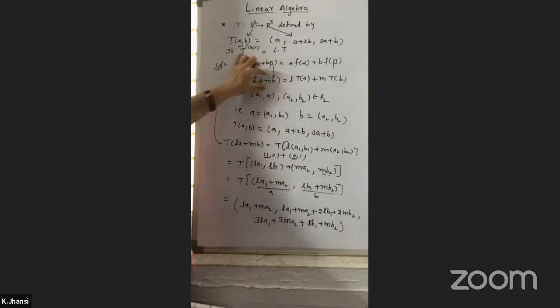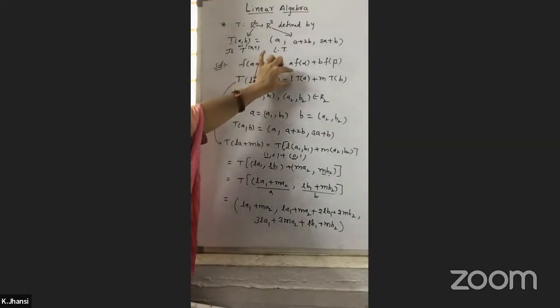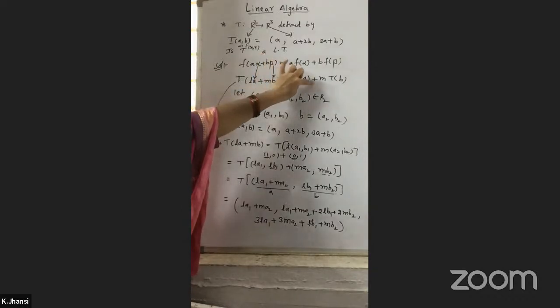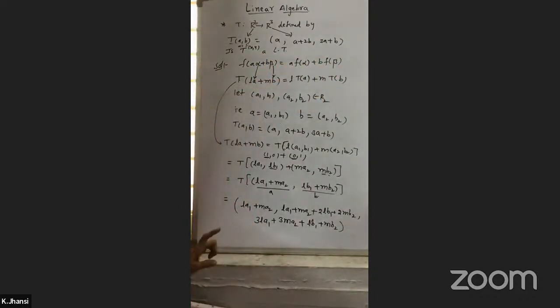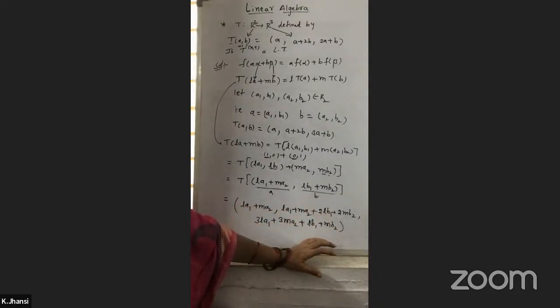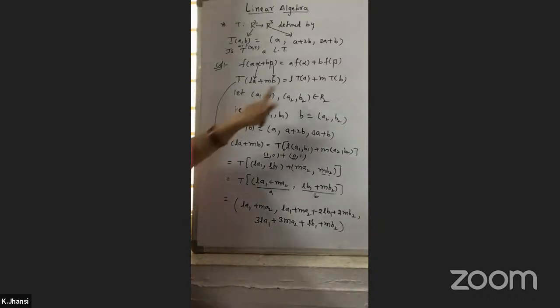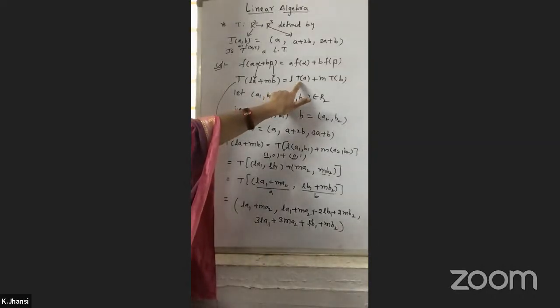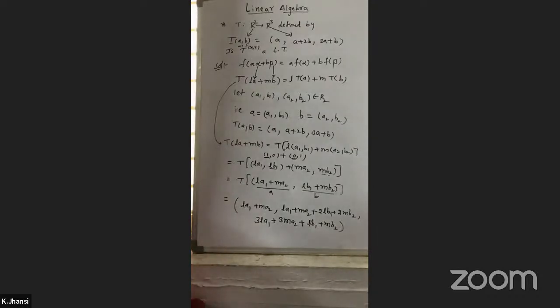Sorry, this one: T of LA plus MB should be equal to L into T of A plus M into T of B. For this, first take out all the L terms on one side, and after that take all the M terms. Then convert it into L into T of A plus M into T of B.